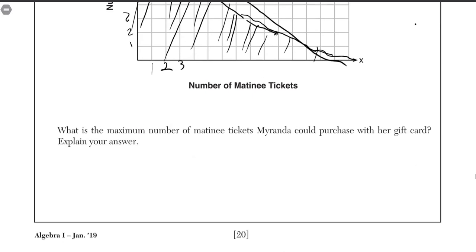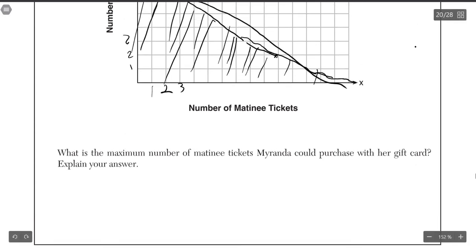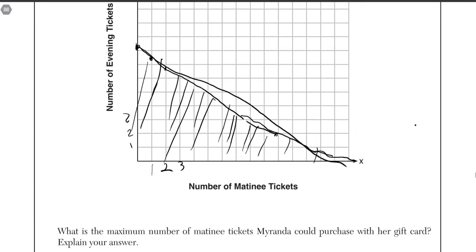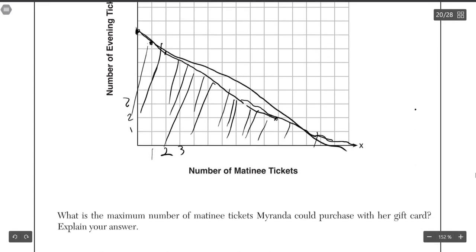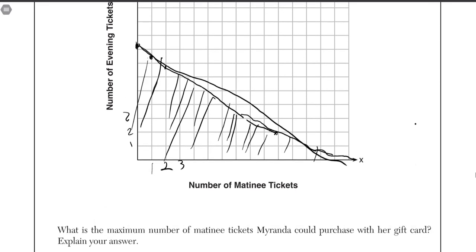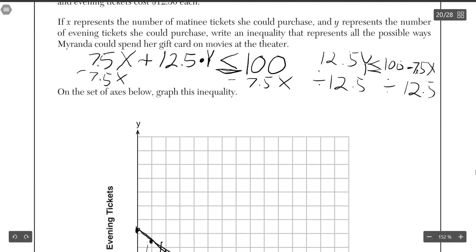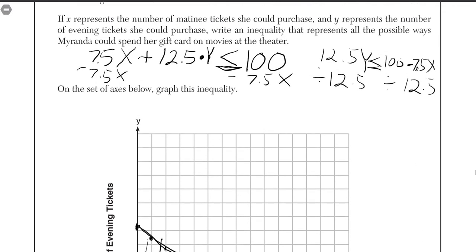The next part of the question is the maximum number of matinee tickets Miranda could purchase with her gift card. Well, the maximum number of matinee tickets that she can buy with the gift card is going to be, how much were the matinee? The matinee were $7.50.